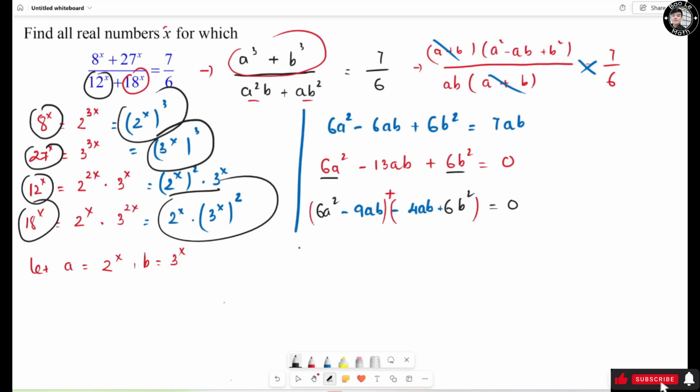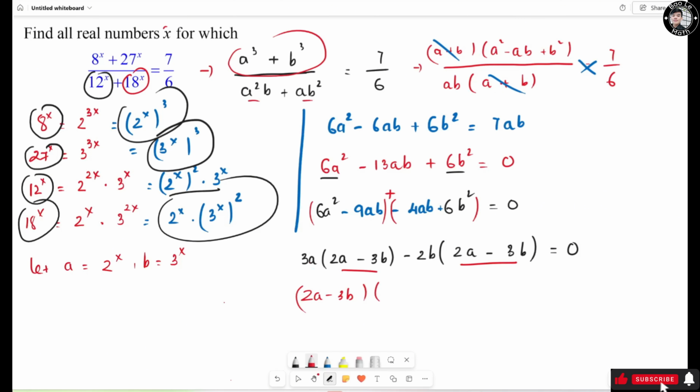Now for the first group, I can factor 3a out, so it could be 3a times (2a minus 3b). For the second group, I can factor negative 2b out, so it's going to be negative 2b times (2a minus 3b), equals 0. These two have the same common factor, so I'm going to factor (2a minus 3b) out.